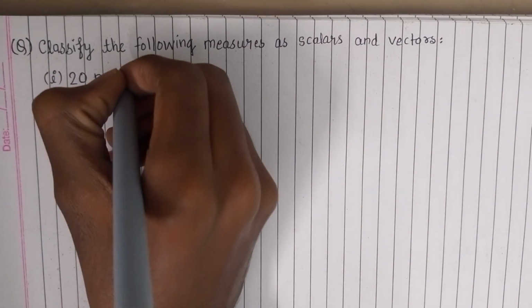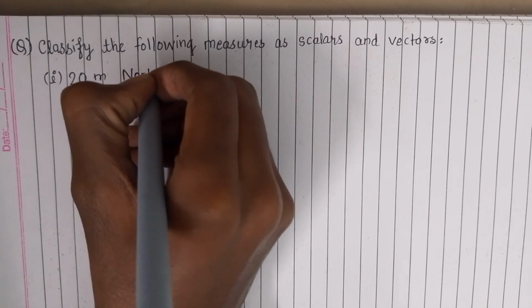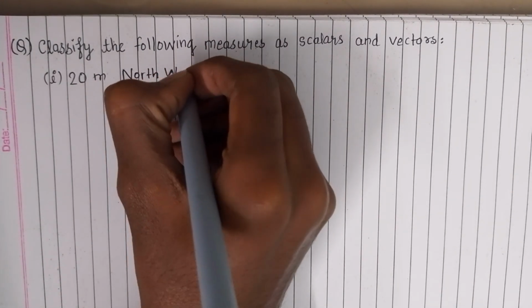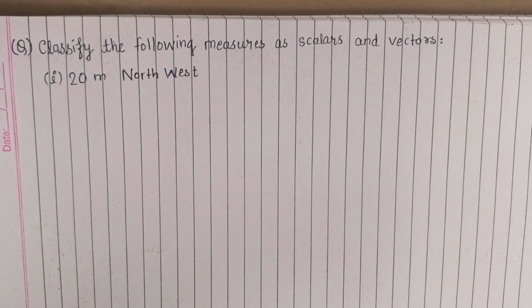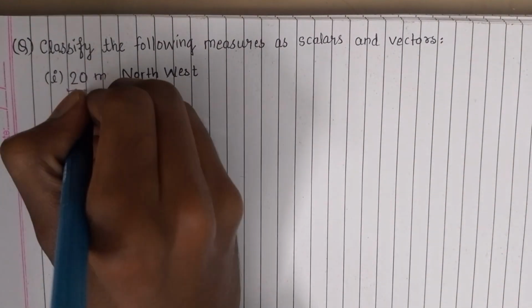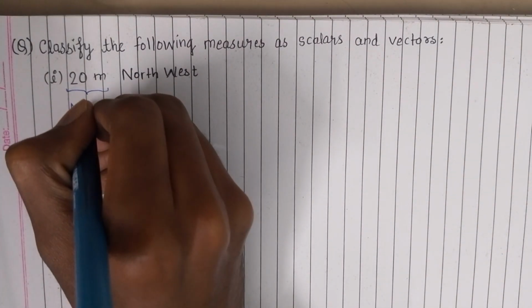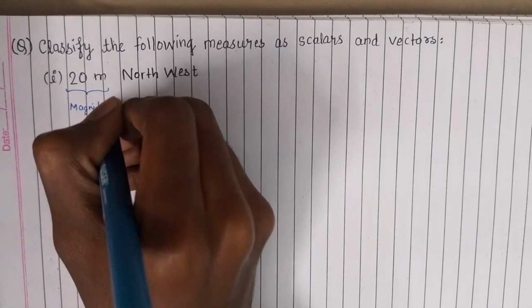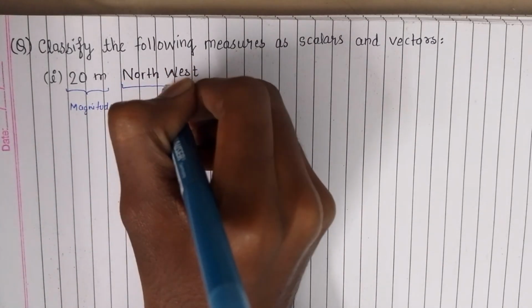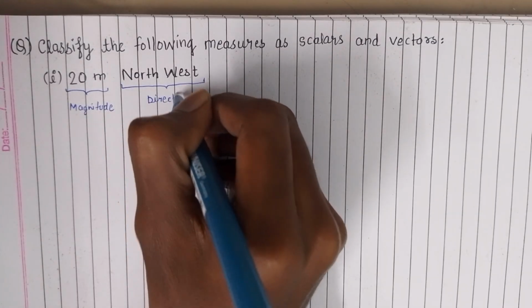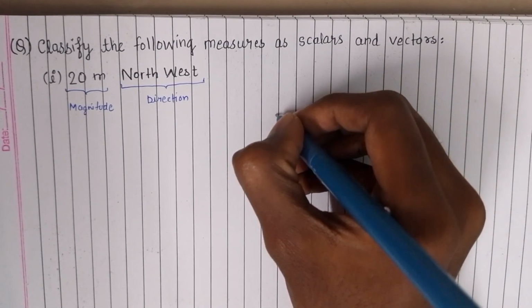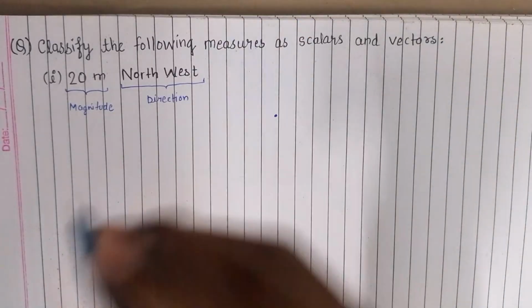20 meter northwest. It means there is magnitude, and then see here there is direction. It means the object has covered 20 meter, but where?